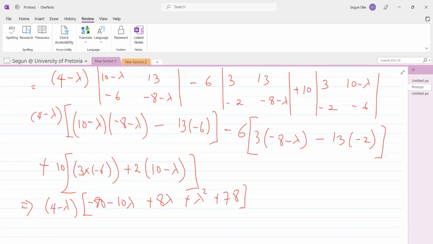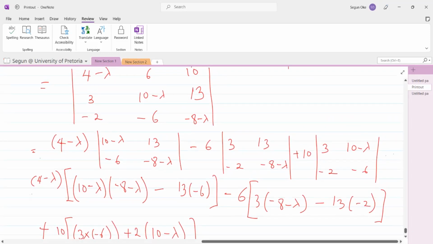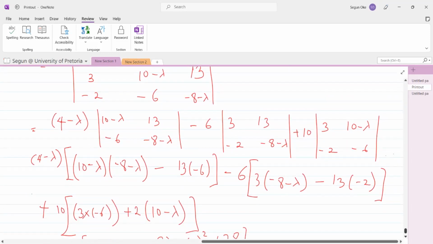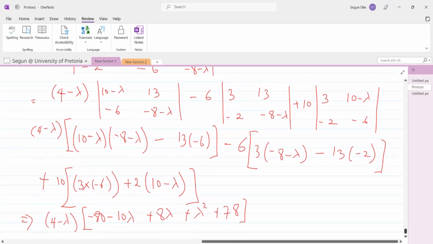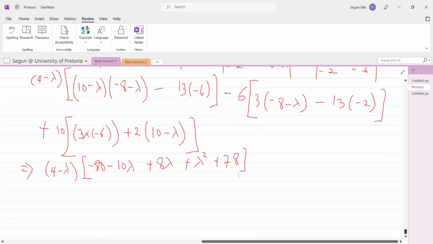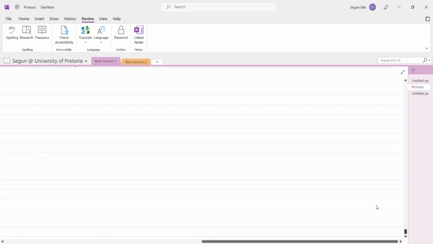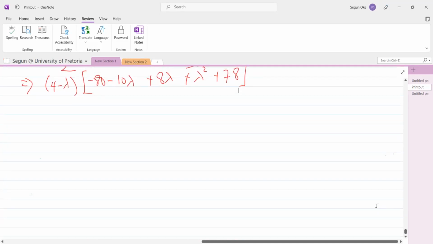Let me try and resolve this one by saying, at the end of the day, I have... Please, can you bring down your screen a little bit?